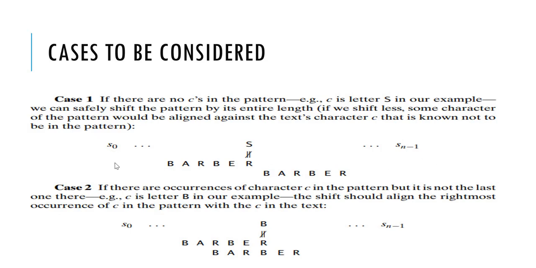If you say a text string s0 to sn minus 1, and my pattern is BARBER, I have to map this pattern with the main string. I keep the pattern in place and I check the last character with the character in the main string. When I check and there is a mismatch, what will I do? I have to see the pattern length. What is the pattern length? 1, 2, 3, 4, 5, 6 is the pattern length.